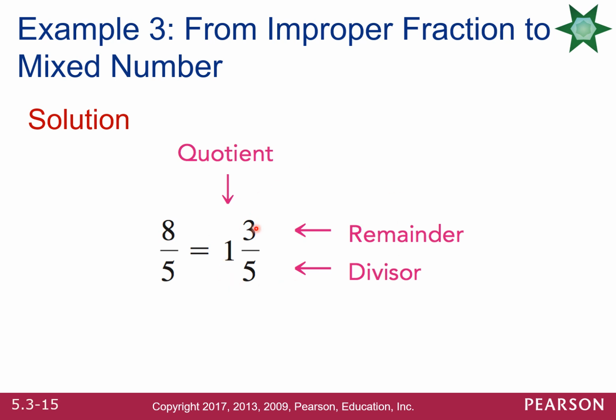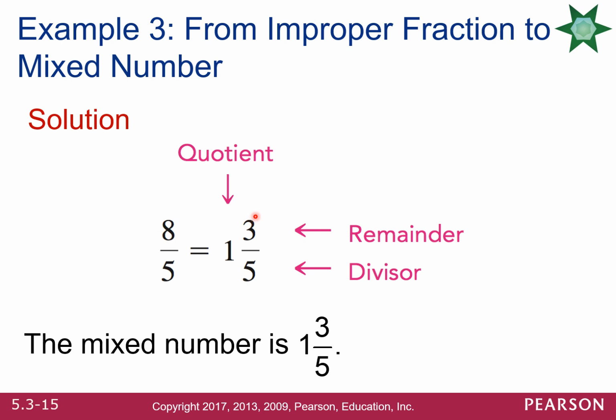And for the fractional part, the remainder, which was a 3, becomes the numerator, and the denominator of the fractional part is the divisor. And this denominator of the mixed number is going to be the same as the denominator in the improper fraction.